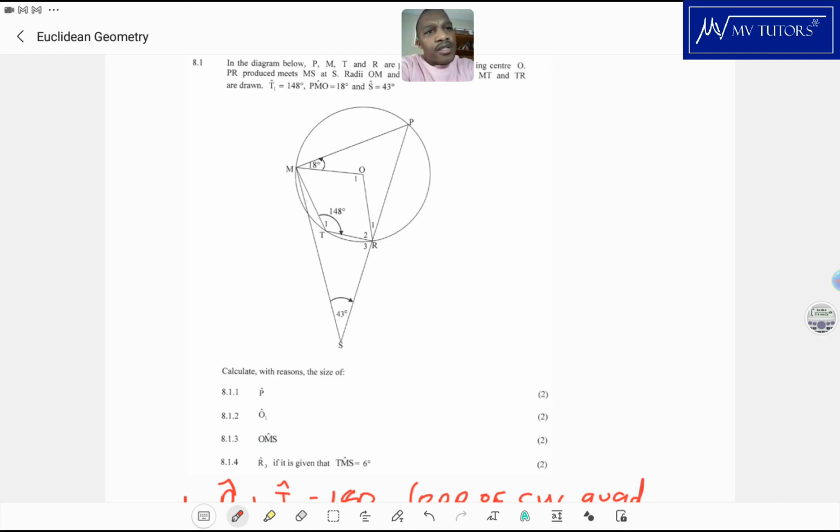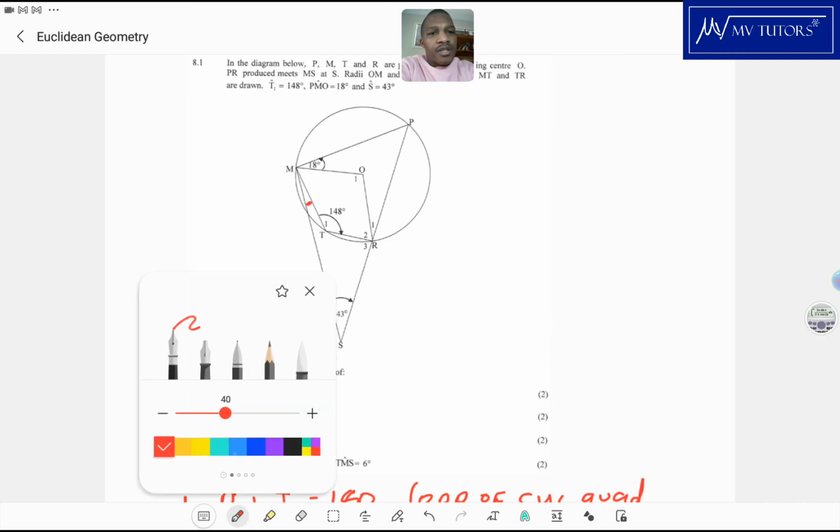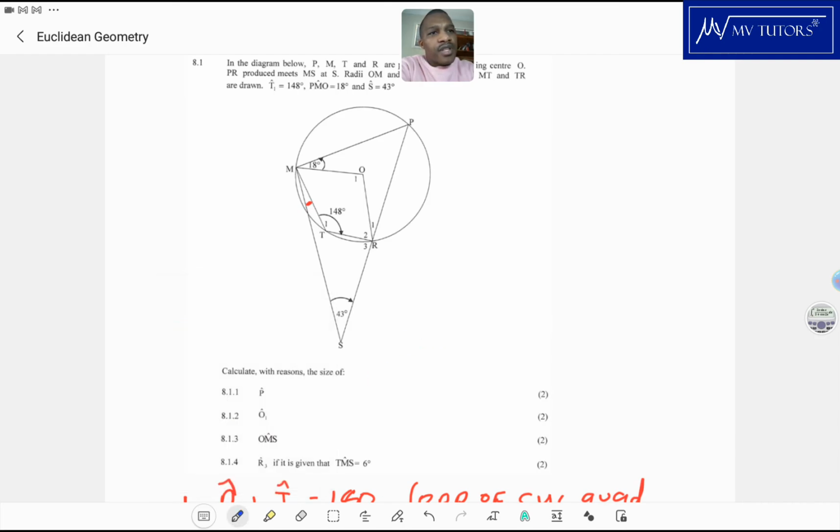So TMS is this angle here, this red angle. They give us that angle, and what we are looking for is this angle R3 here. So what do we know? What can we say about that R3?